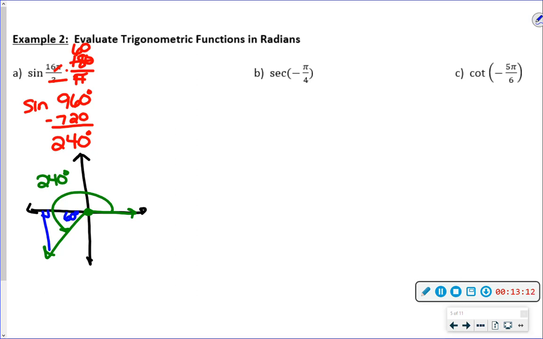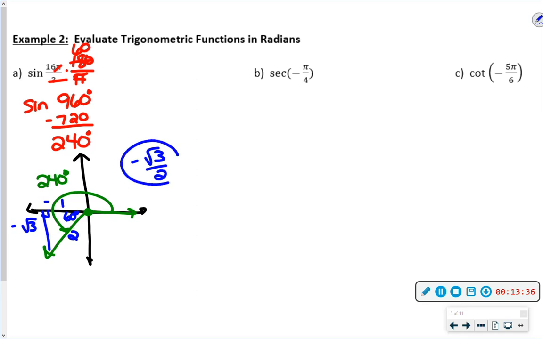All right, opposite the 1, opposite the 60 root 3, hypotenuse 2. Do any of the sides need a negative? Which ones? Yeah, both of them. And final answer, we need sine, so I need opposite over hypotenuse. So negative root 3 over 2.